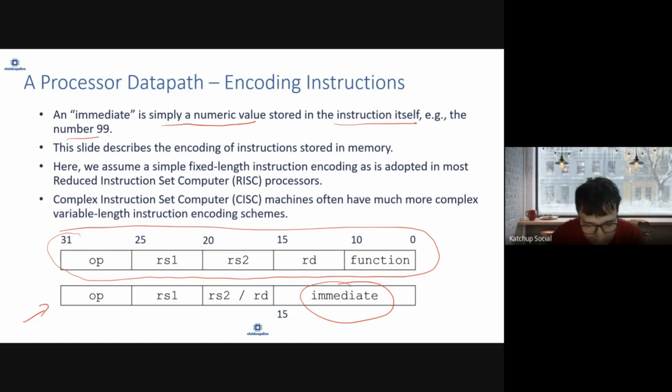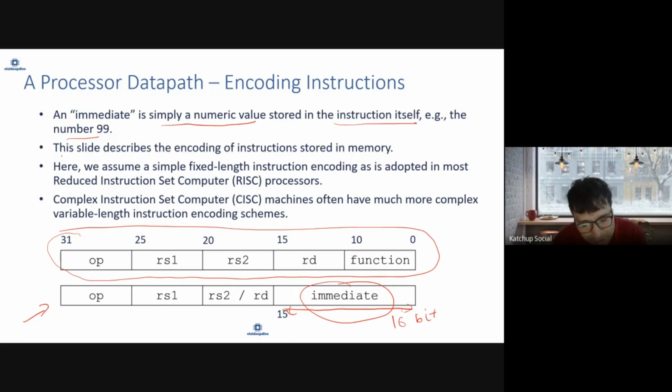It can be the result of a previous calculation or something you want to use. One thing to note again is that this immediate is 16-bit, not our normal 32-bit, and how that has to be handled and what kind of limitations it causes, we'll come to a little bit later.